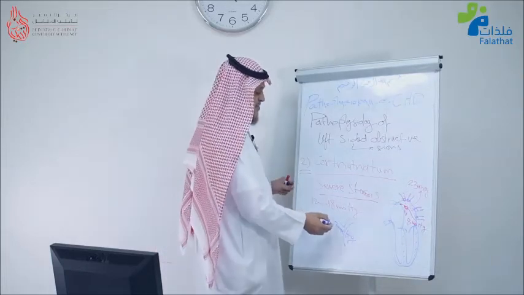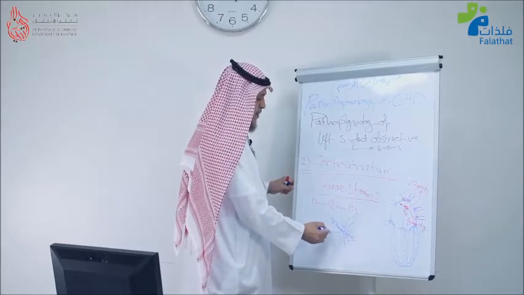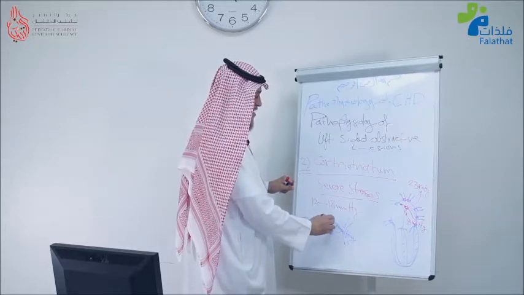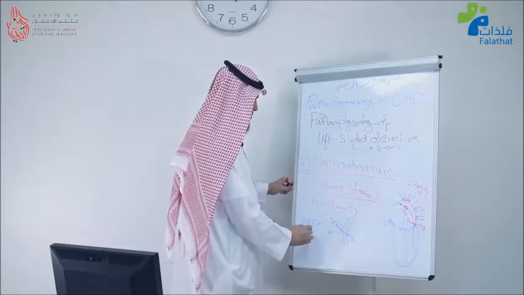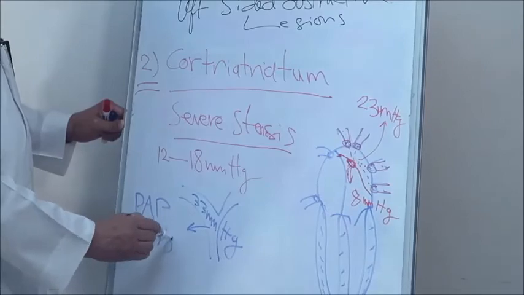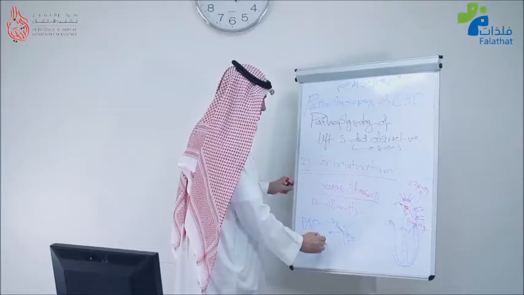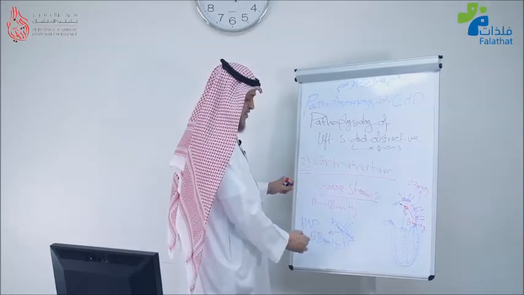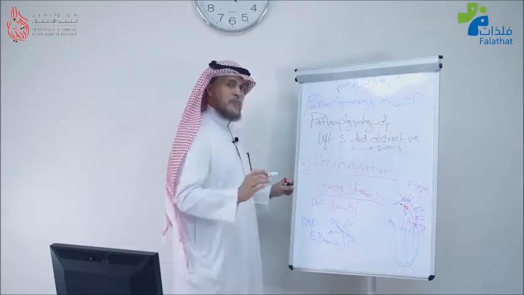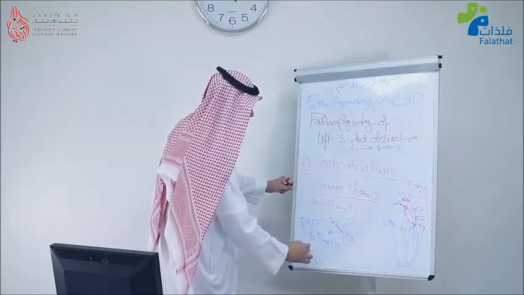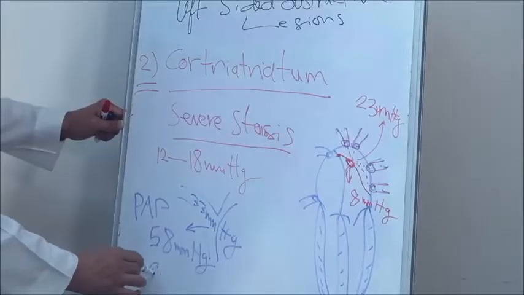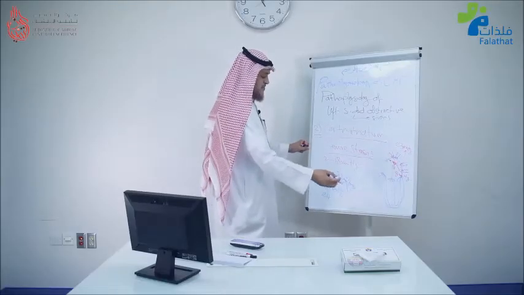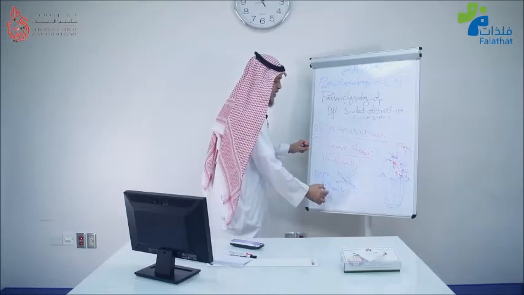So the PA pressure here will be 25 plus 33, which is 58 millimeter mercury, obviously significantly elevated from the normal pulmonary artery pressure, which is maximally around 24. That's almost 2 times the normal PA pressure.